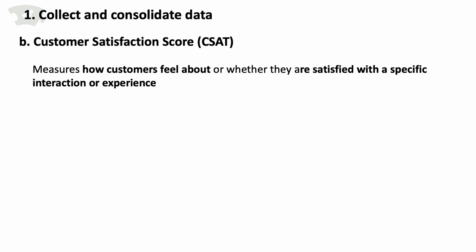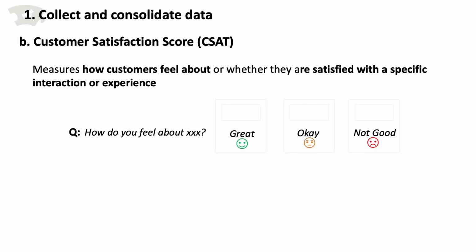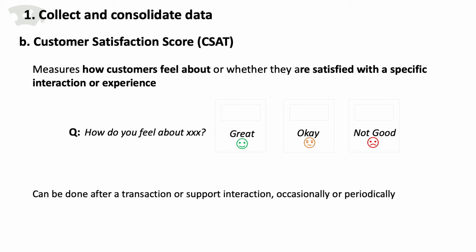For example, how do you feel about a particular aspect of the business? Great, okay or not good. The CSAT can be administered after a support interaction, or occasionally at intervals, say after several sales interactions or as part of the re-engagement campaign for customers that have been inactive for a while. It can also be done quarterly or as part of periodic surveys.